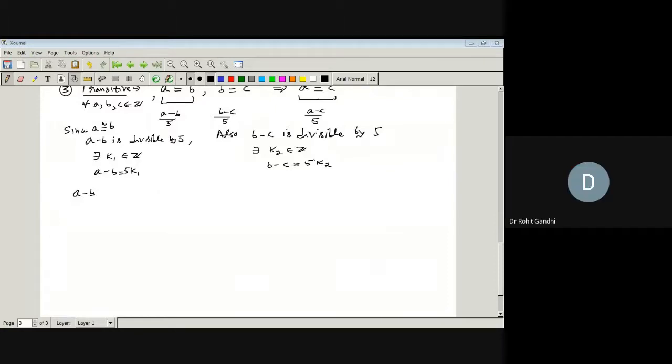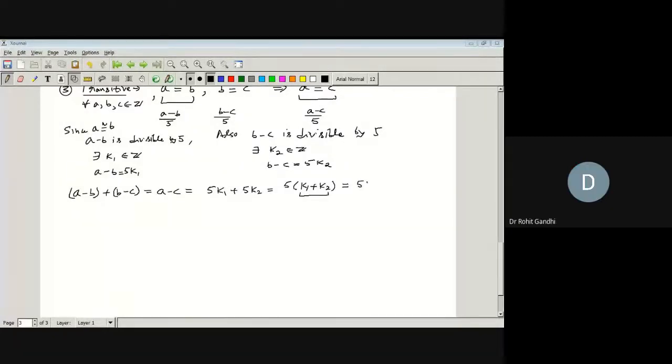Now if I add these two, right? This is nothing but A minus C. So this equals 5K1 plus 5K2, which is equal to 5 times K1 plus K2. Now what is K1 plus K2? Another integer.